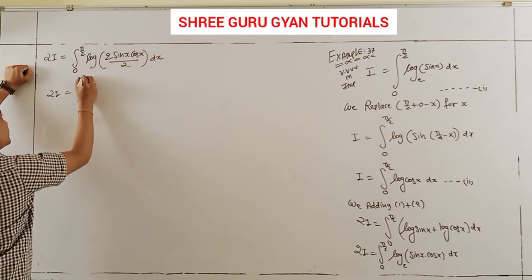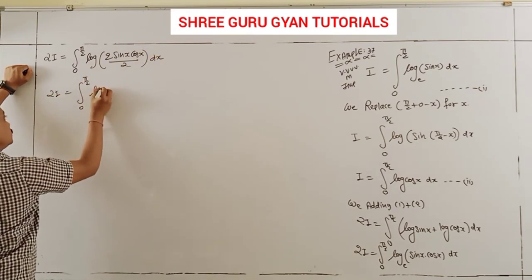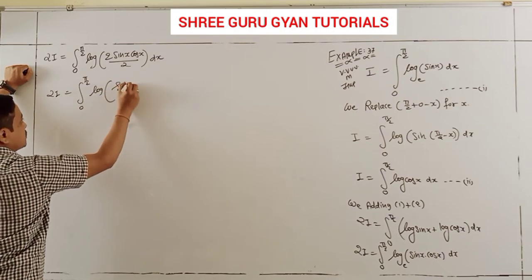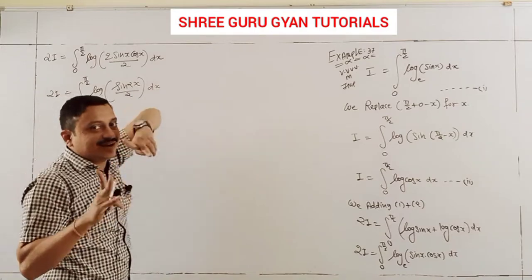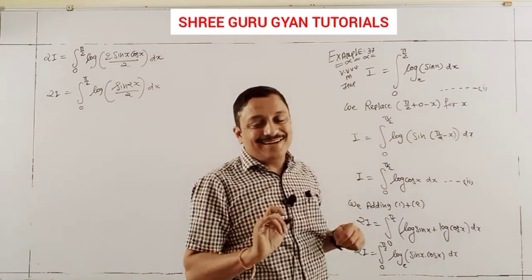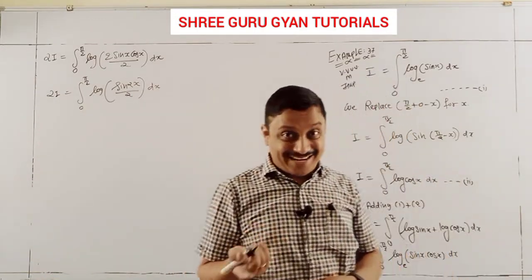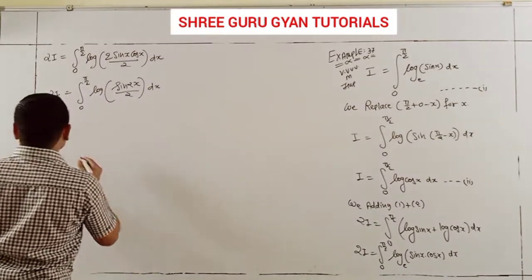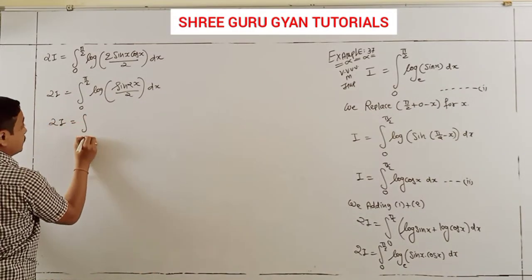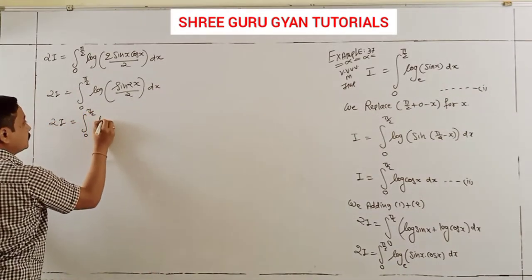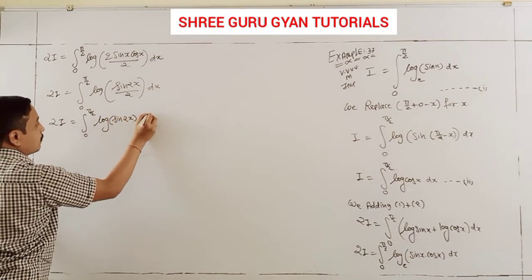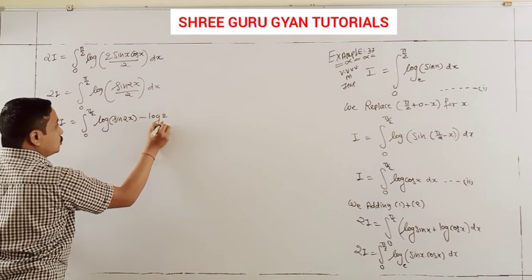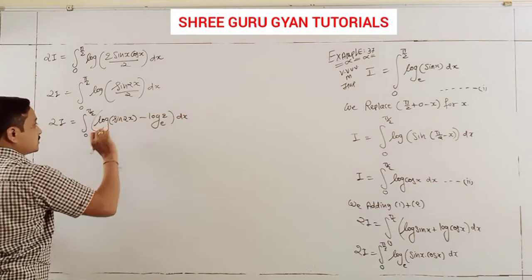So it is getting sin 2x by 2, and here to separate, use the log property, log m by n is log m minus log n, subtraction. So twice I, 0 to pi by 2, log of sin 2x minus log of 2 dx.